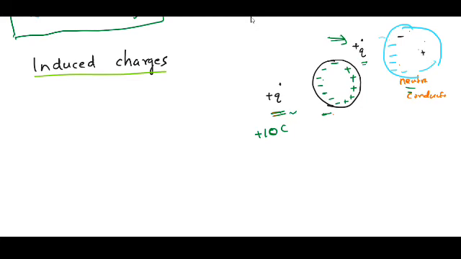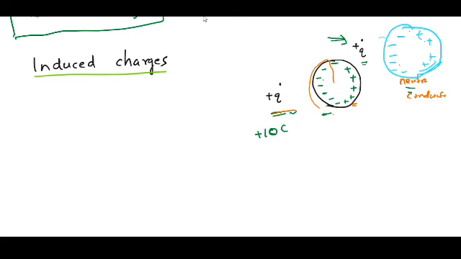That is, all the positive charges will go and sit on the other side of the conductor. Shortly, we will say that when a plus Q charge is kept near a conductor, an equal amount of negative charges are induced on the nearer side of the conductor, and an equal amount of positive charges are induced on the other side of the conductor.